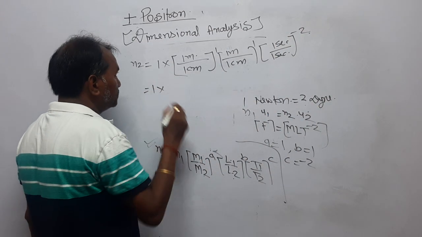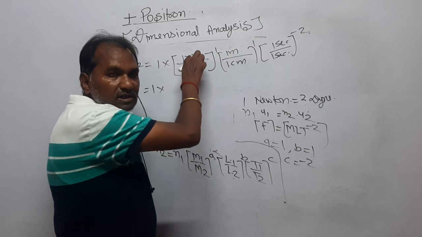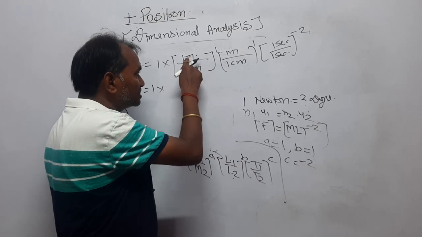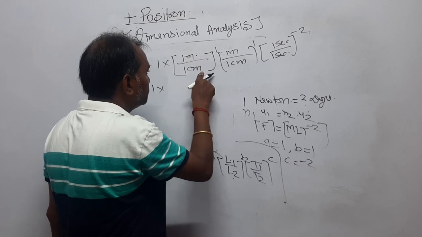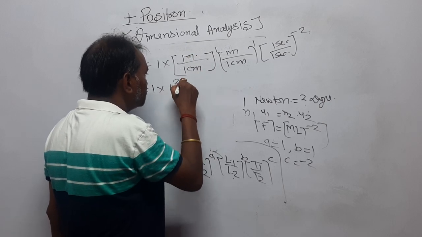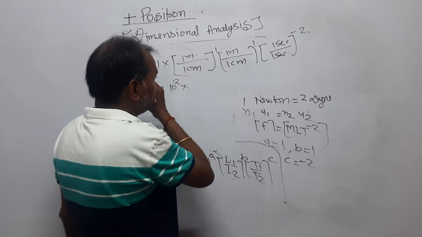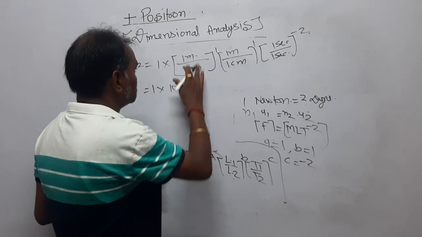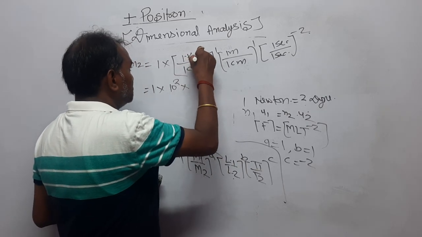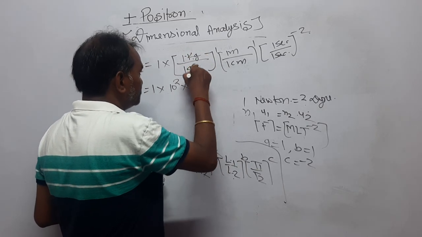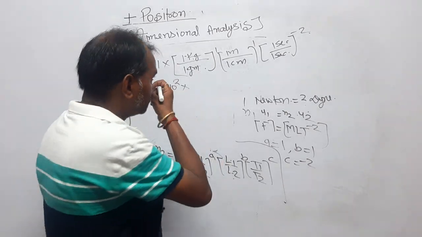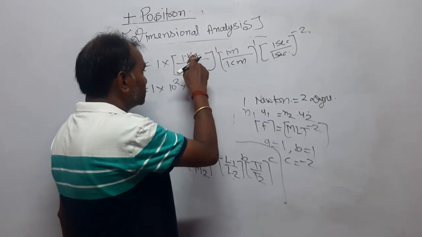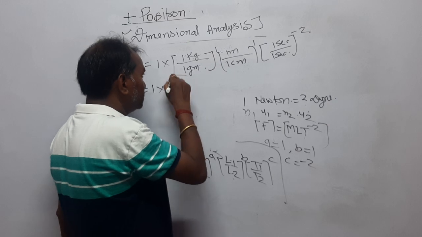Either convert it into centimeter or convert it into meter. So 100 centimeter divided by 1 centimeter, that is 10 to the power 2. Sorry, it was mass, so it is kg and gram. So 1 kg upon 1 gram, convert it into gram, you will get 1000 grams, so it is 10 to the power 3.